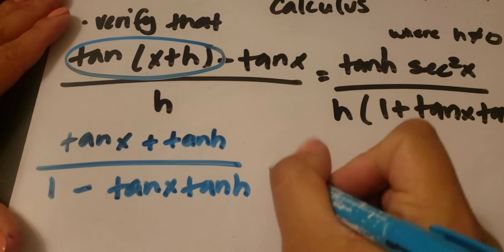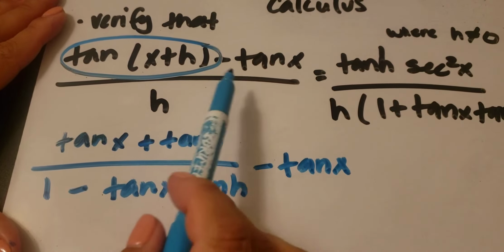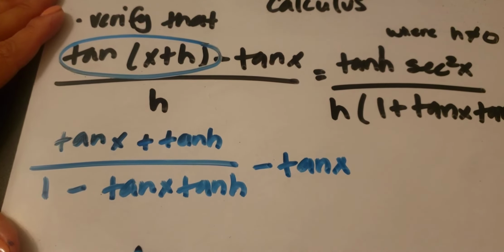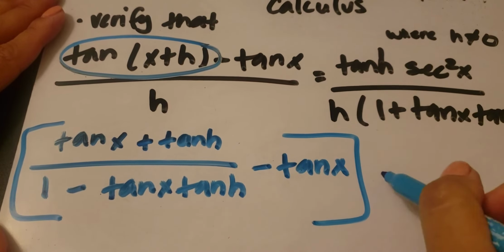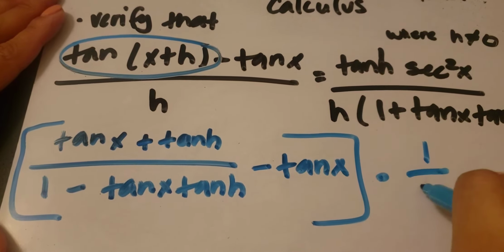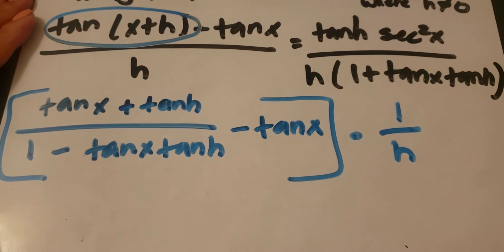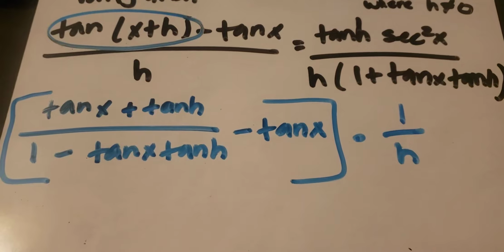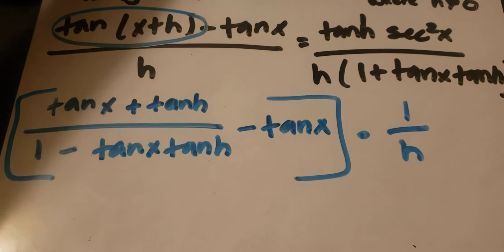And then I'm going to write minus tangent of x. Since all of this is divided by h, it's the same thing as multiplying by the reciprocal, which is 1 over h, so I'll do that step at the same time. Now I just apply the rules of fractions.